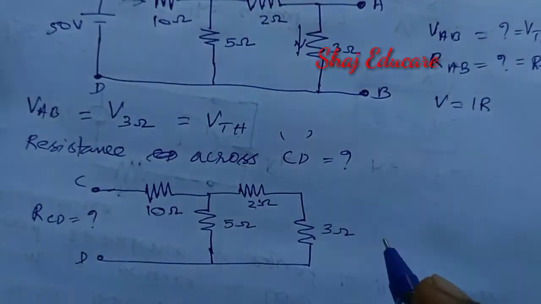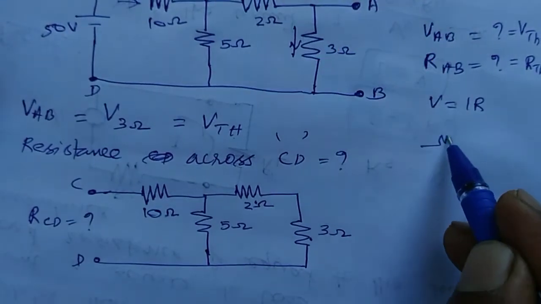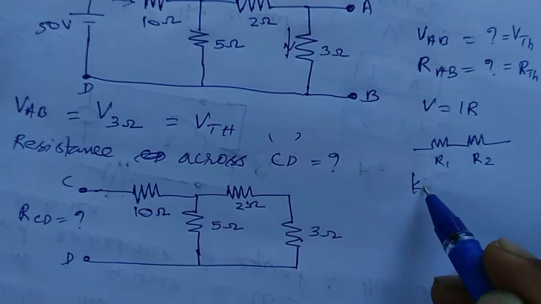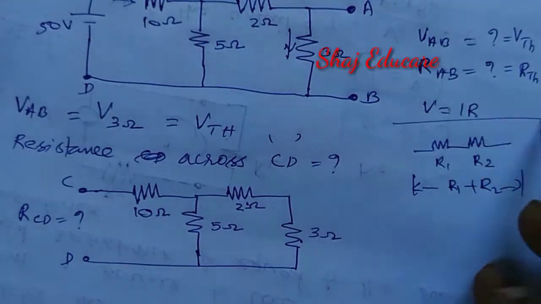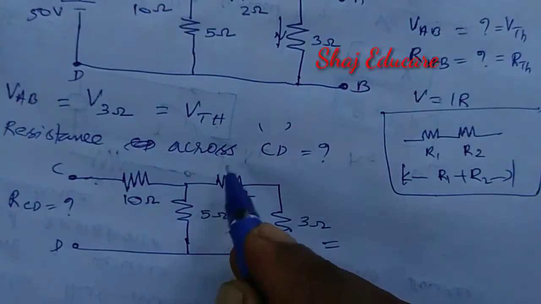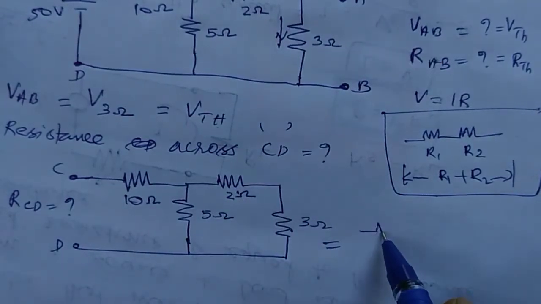Then the corresponding equivalent resistance will be, if two resistances R1 and R2 are connected in series, then total resistance will be R1 plus R2. All of you know that. Hence, let us redraw the circuit by simply replacing this series resistance with the corresponding resistance.